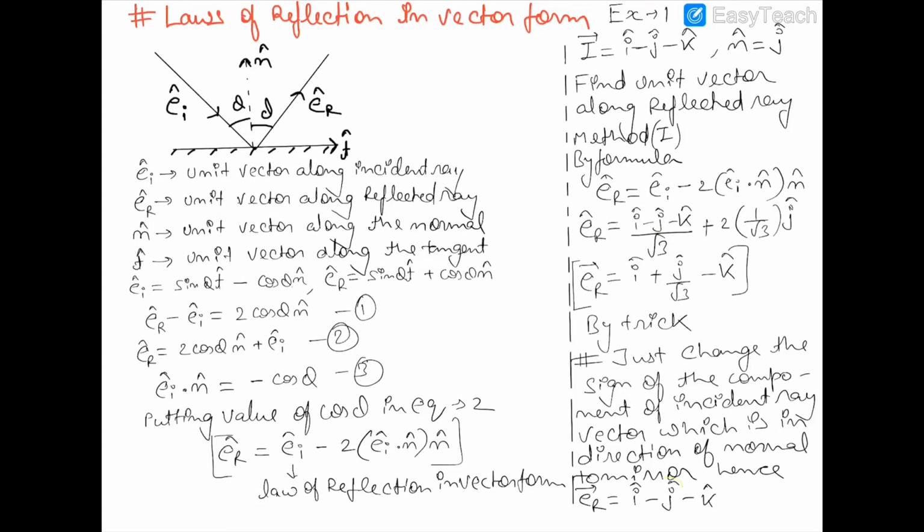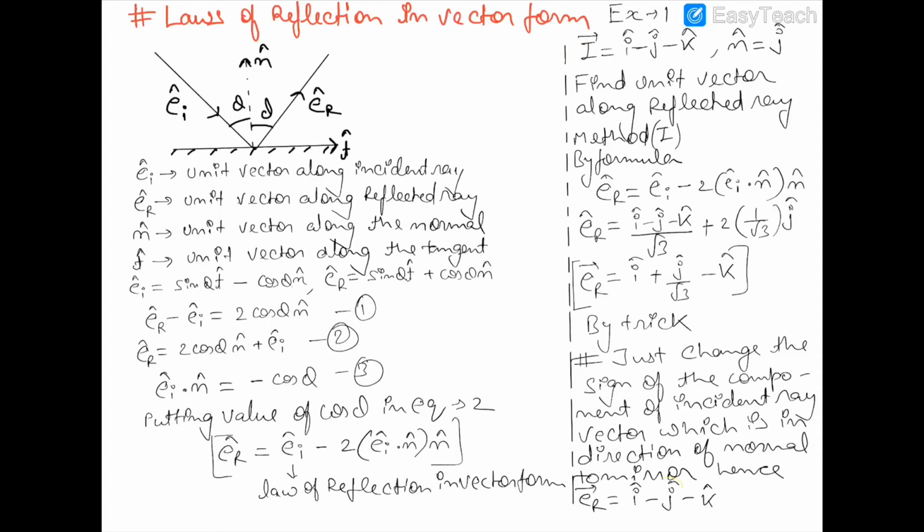So now this negative sign is being converted into plus sign, because when I calculate the dot product of n cap and EI cap, then n cap dot EI cap will be equal to minus 1 upon root 3. Why root 3? Because I have to evaluate the dot product of n cap with EI cap, not with E vector.